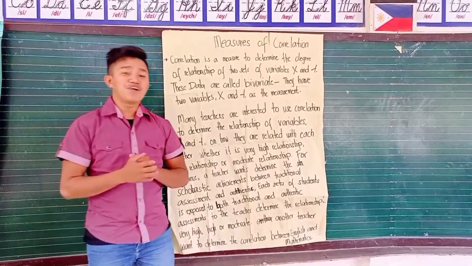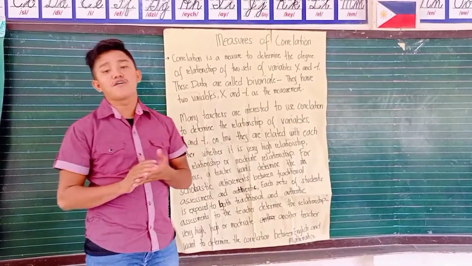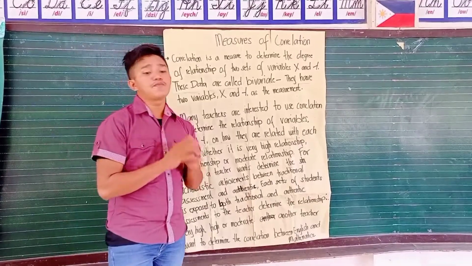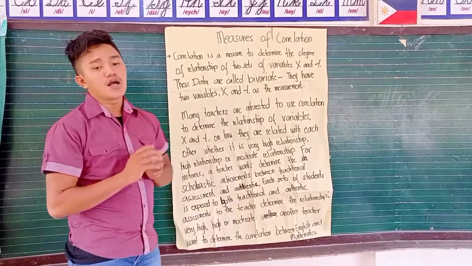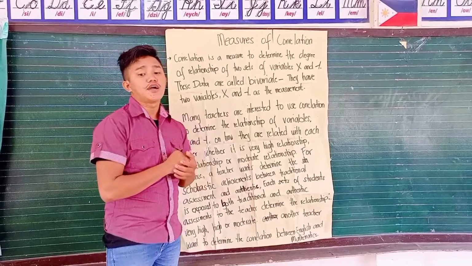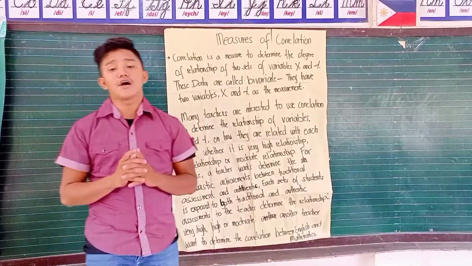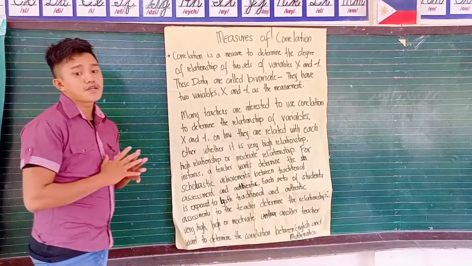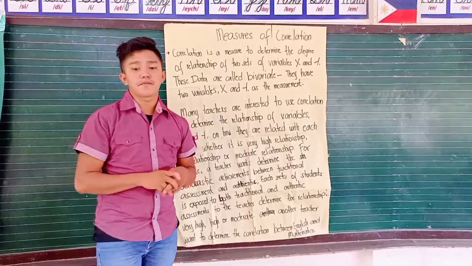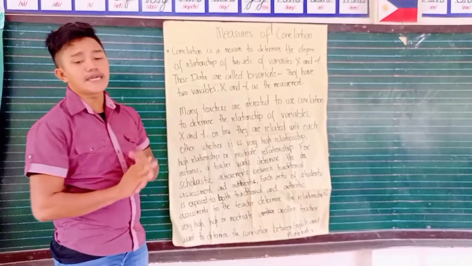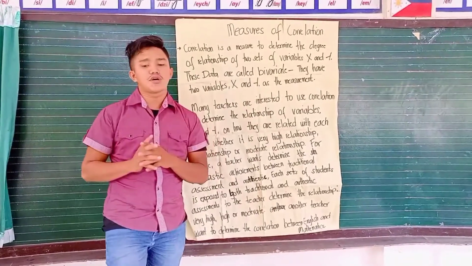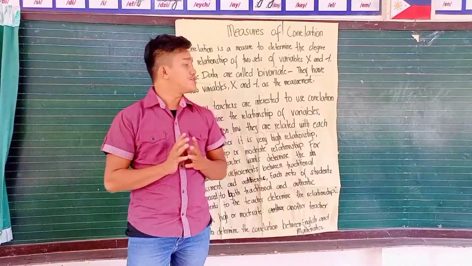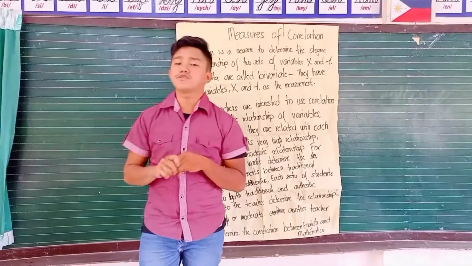Many teachers use this kind of measurement, not only teachers but other people, for example, statisticians. They are correlating data, as well as researchers. But teachers commonly use these techniques to assess their students.